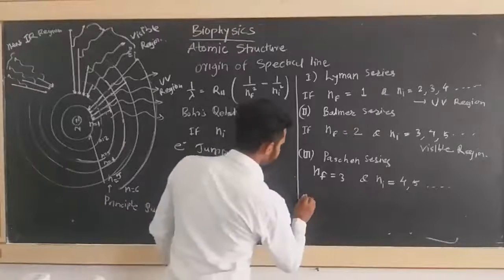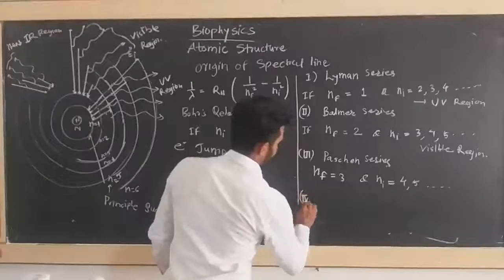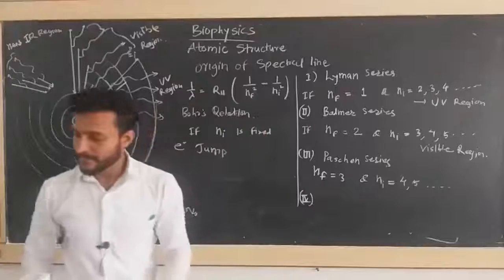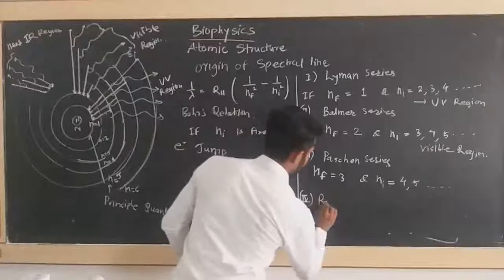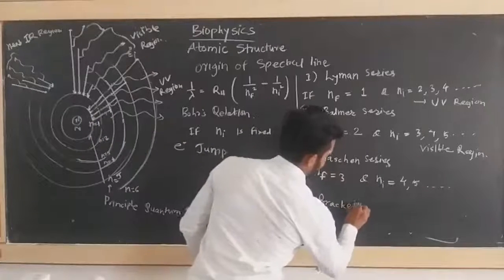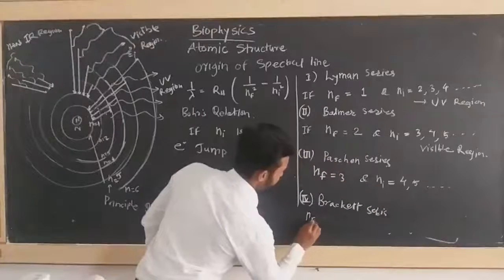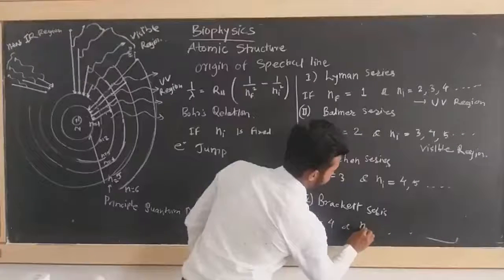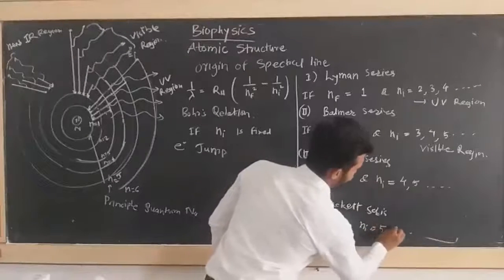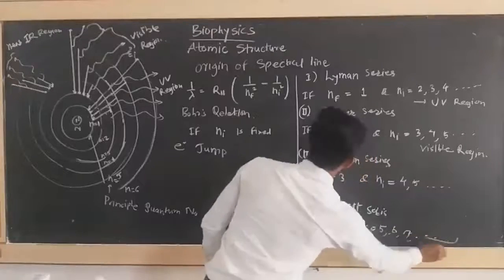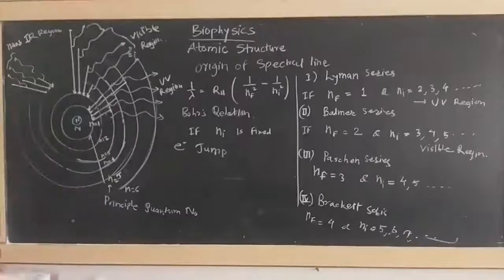And the next series is Brackett series. In this series, n final is 4 and initial states are 5, 6, 7 and so on. So n is equal to 4 is the final state, and the electrons jump from the highest orbit to this state.